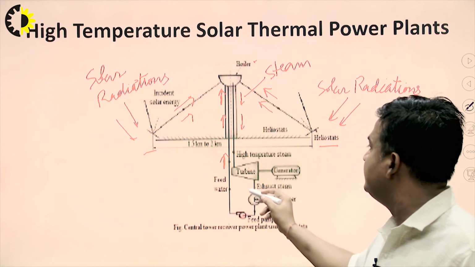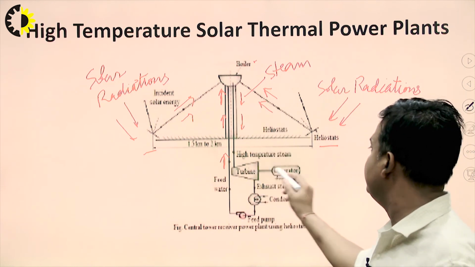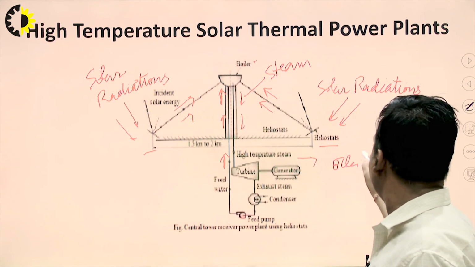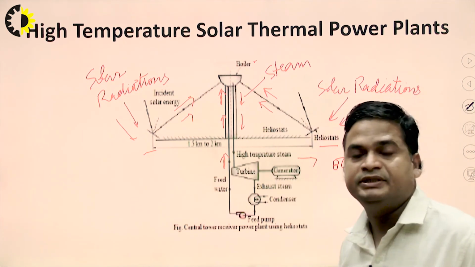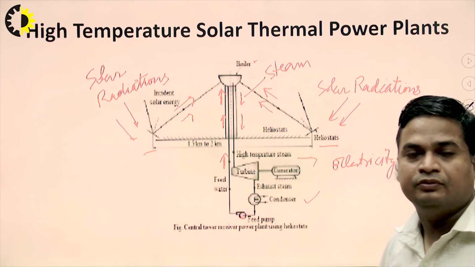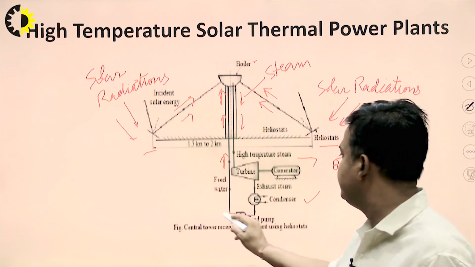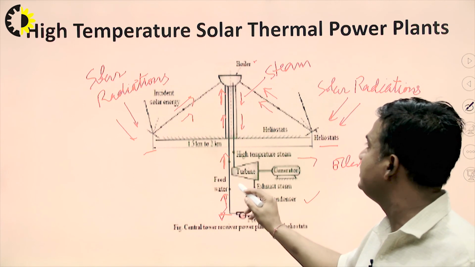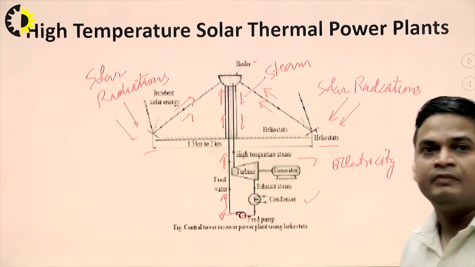Now this high temperature steam is transferred to the turbine, and the turbine is used to run the generator, and electricity is produced. Then the exhaust steam is at lower temperature and pressure, and a condenser is used to convert the steam into water. Then the feed pump is used to feed this condensed steam again to the boiler, and thereby the cycle is completed.